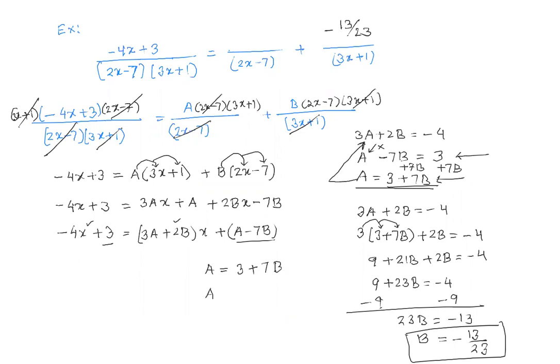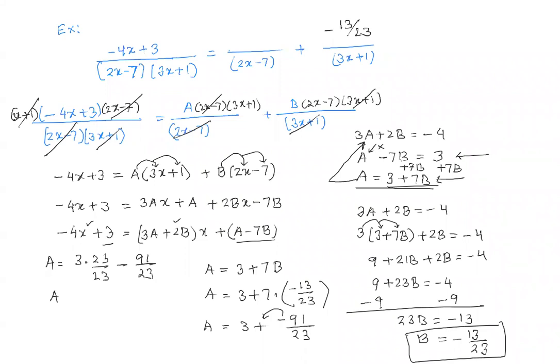So a is 3 plus 7 times negative 13 over 23, or a is equal to 3 plus negative 91 over 23, or a is equal to 3 times 23 over 23, because I want to make a common denominator, and negative times positive is negative 91 over 23.